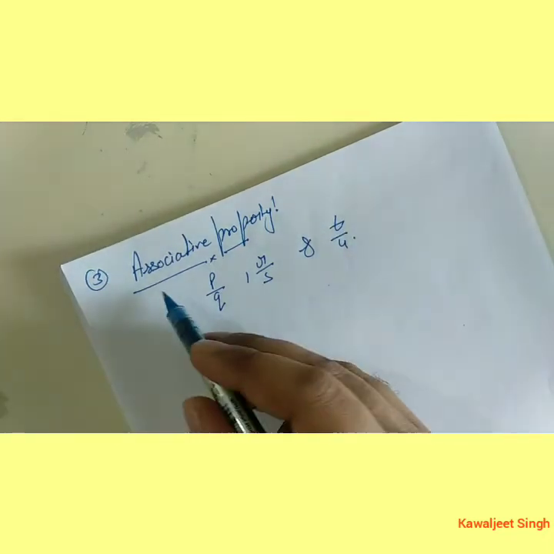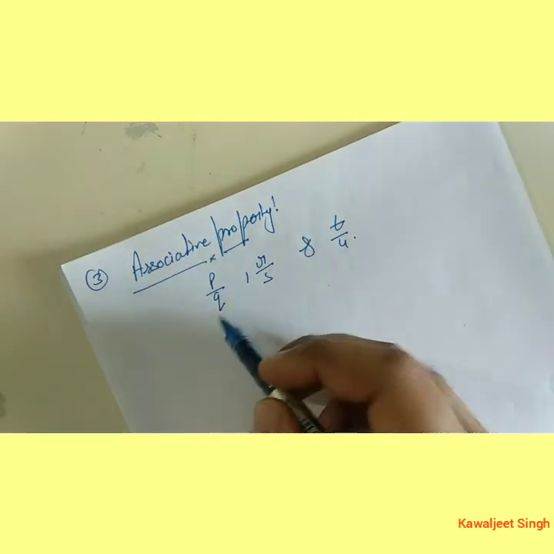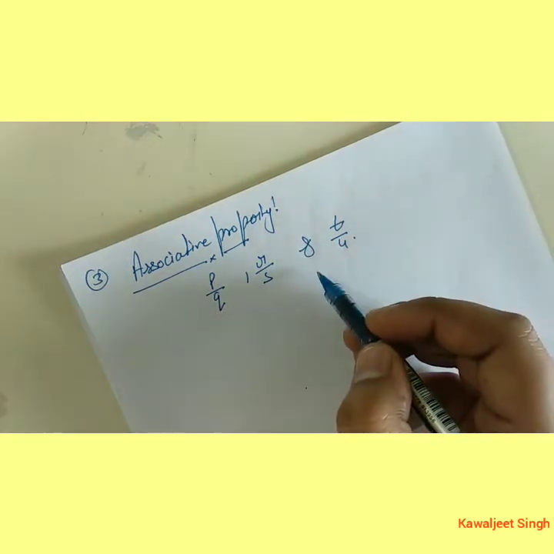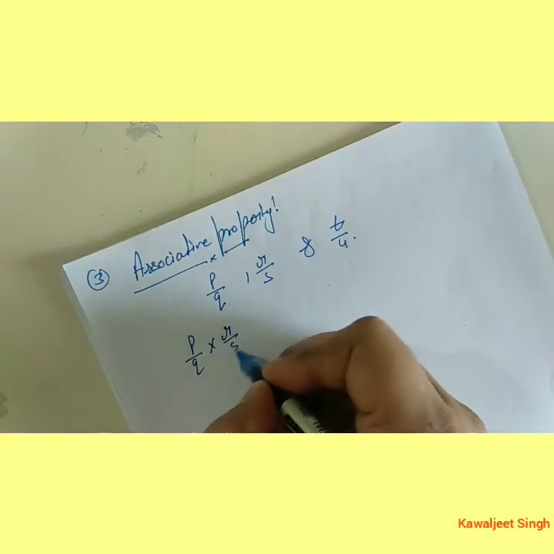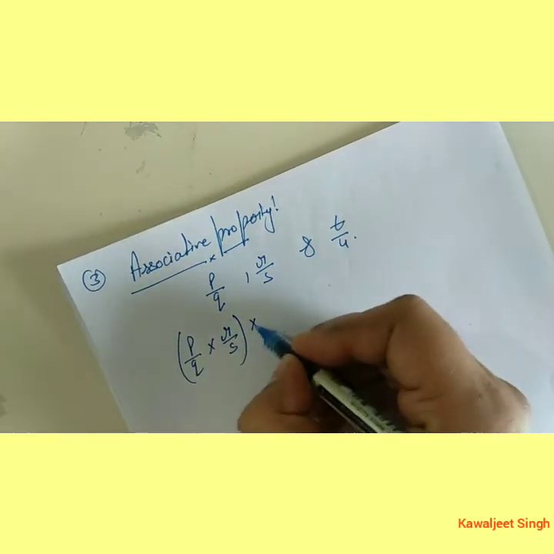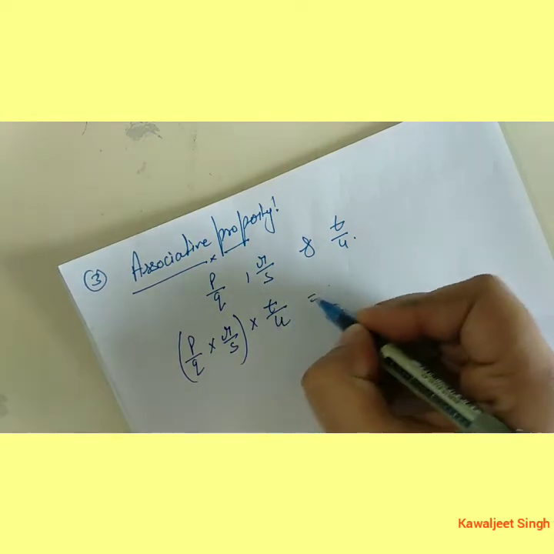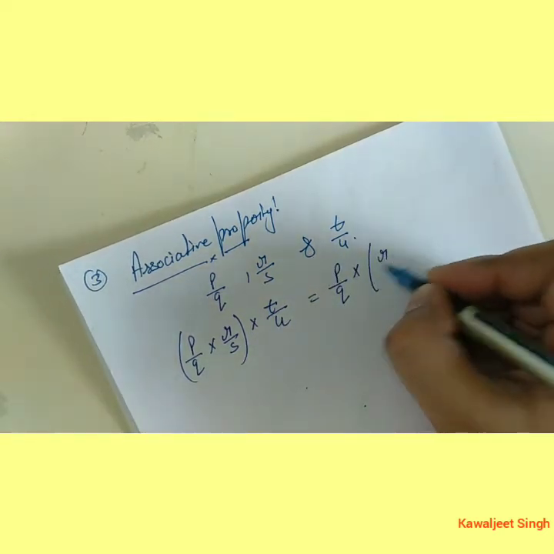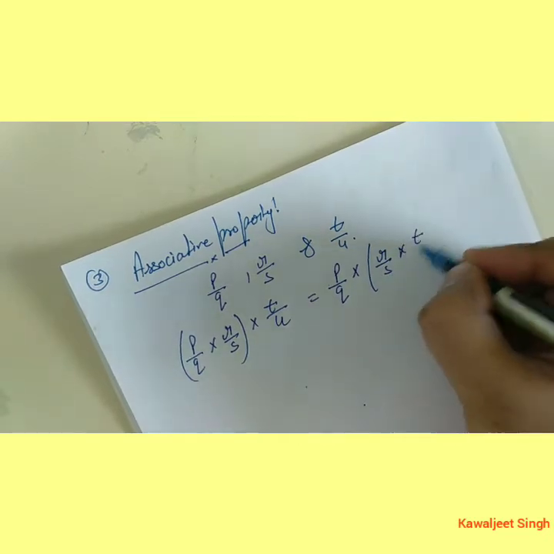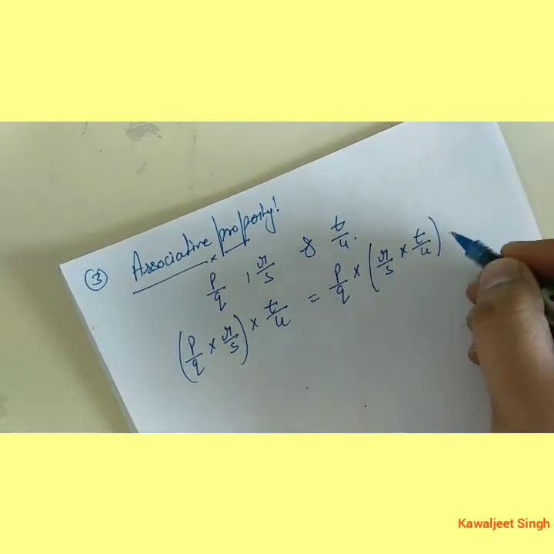So we can say the multiplication of rational numbers is associative if the product of P by Q and R by S is multiplied with T by U, equals P by Q multiplied with the product of R by S and T by U here.